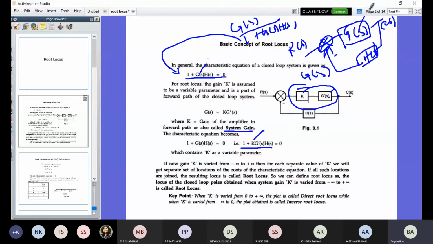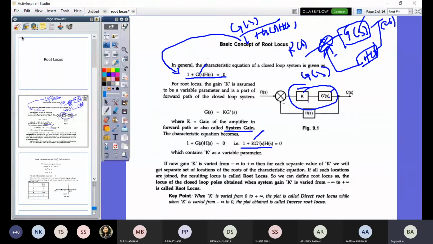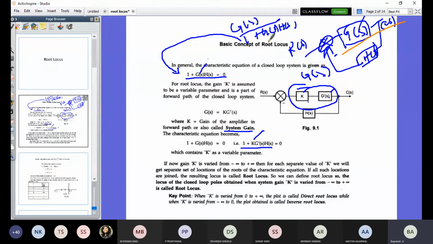In the previous system we analyzed G(s), and for the closed loop control system transfer function we get G(s) divided by 1 plus G(s)H(s) according to the block diagram reduction rule. The denominator of the closed loop transfer function equated to 0 gives the characteristic equation.